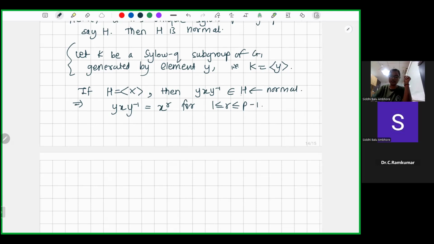This is okay, because H is generated by X.